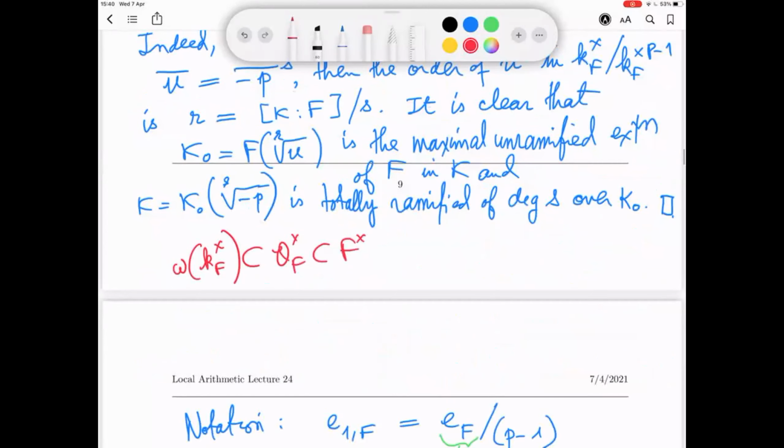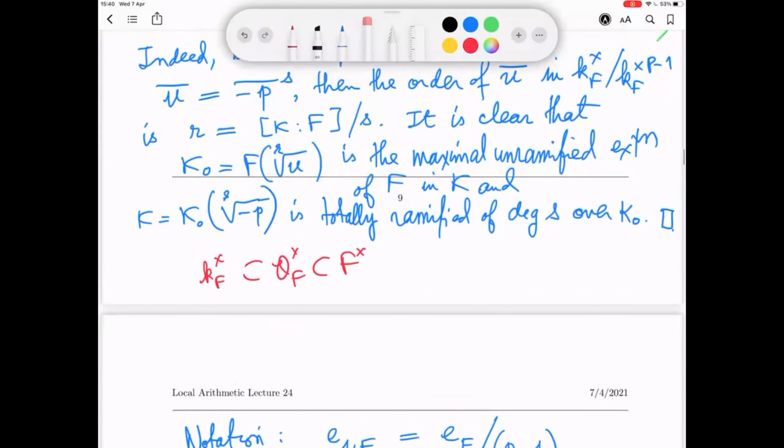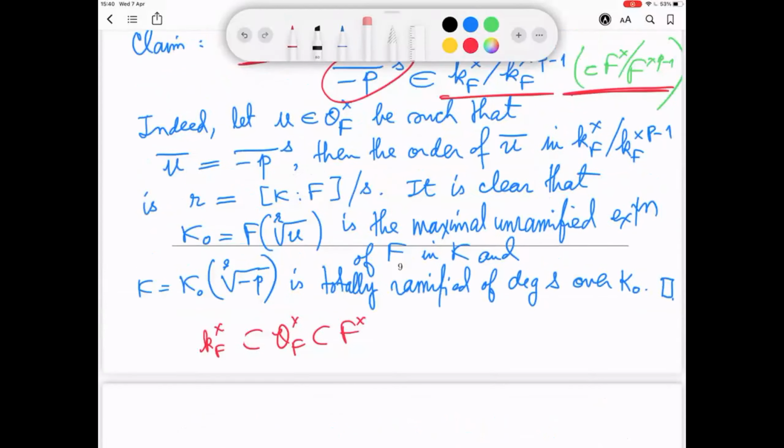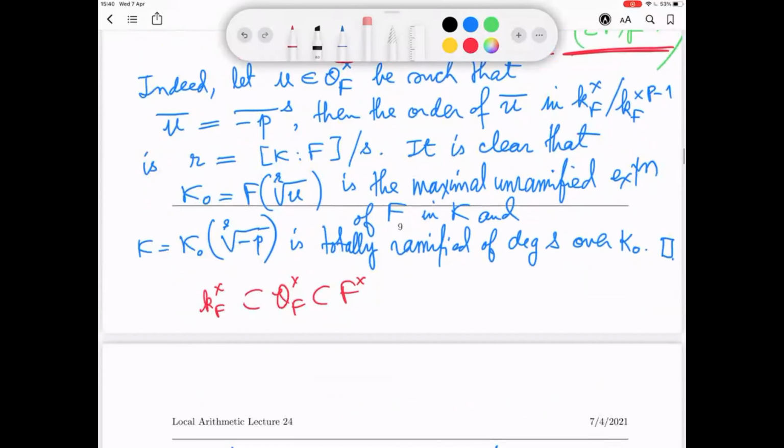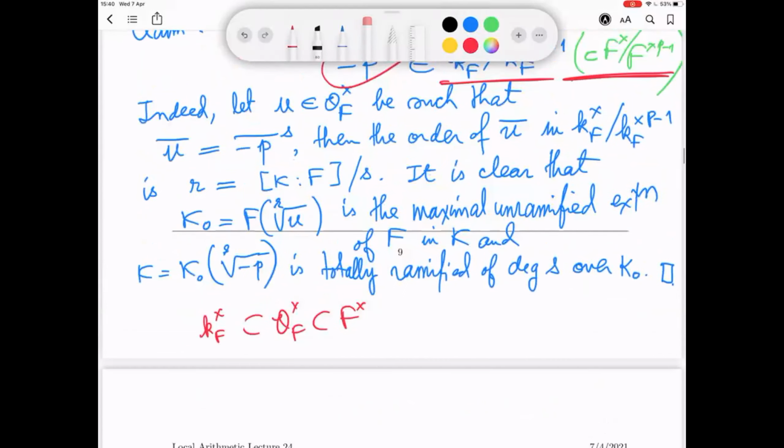But I'm sort of identifying KF star with its image in OF star. This cannot lead to any confusion.